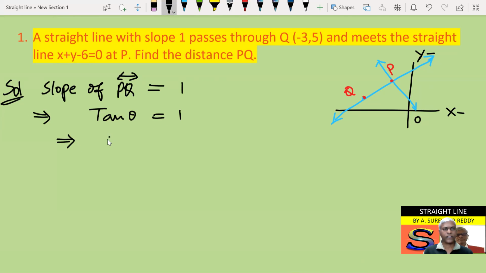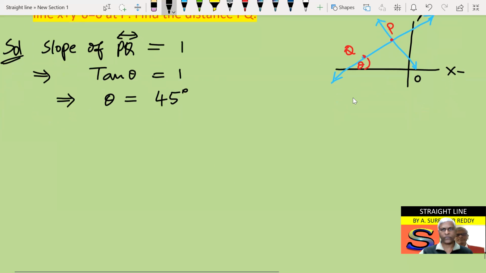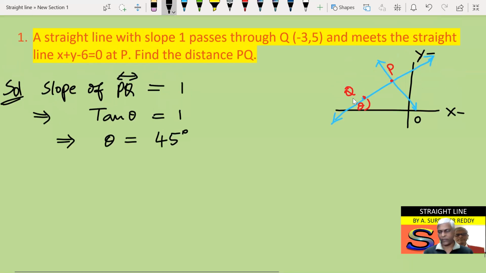So this gives theta equal to 45 degrees. Slope is 1, the angle is 45 degrees. Now we have to find the coordinates of P. Q is already there; we know the coordinates of Q. And P is any point on the line which is at a distance of R from x1, y1.